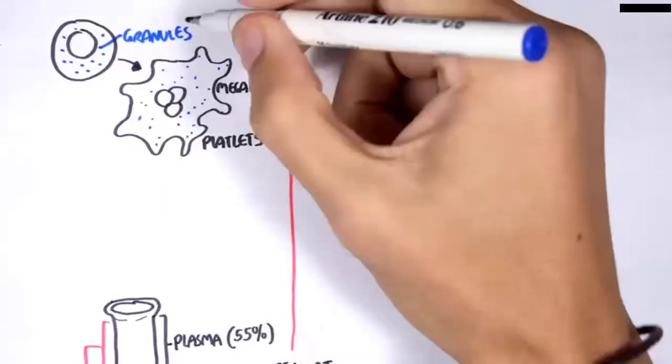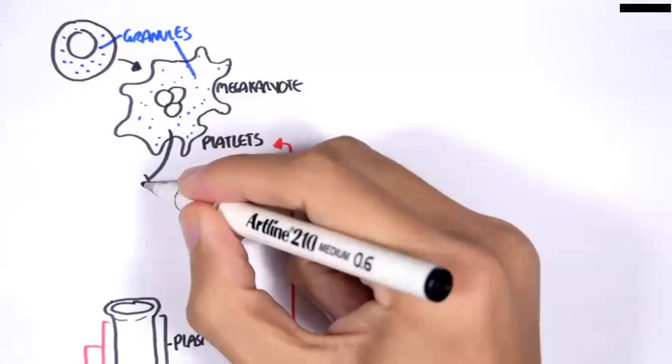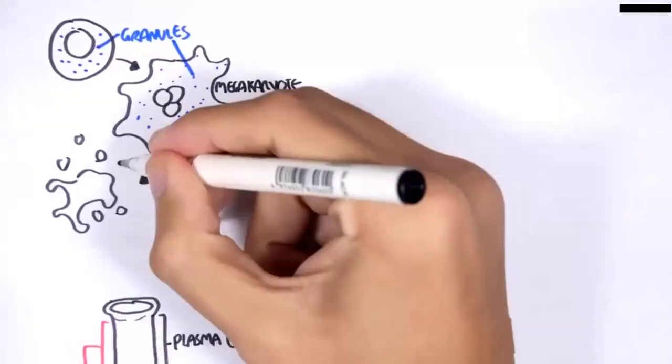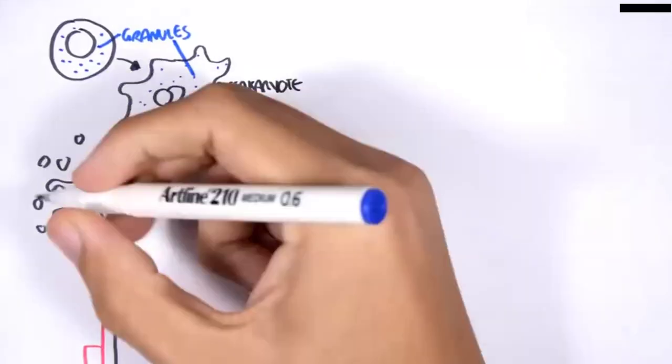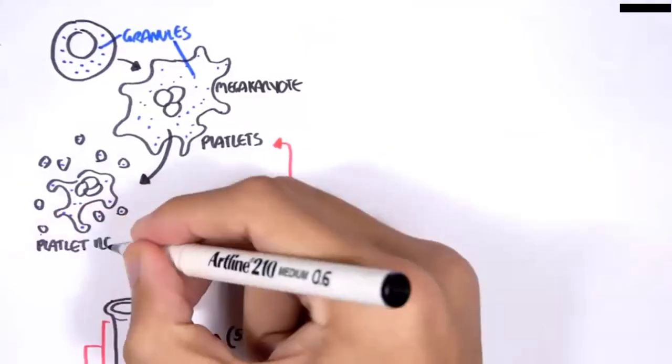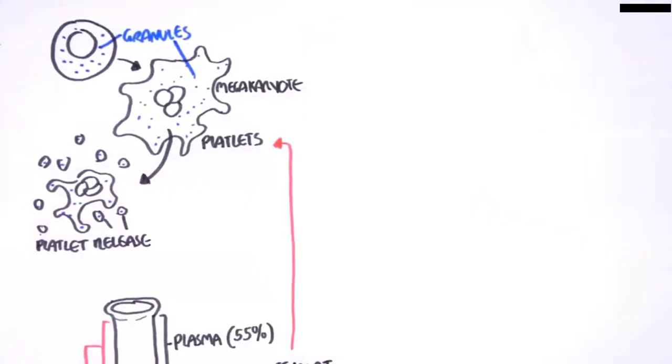When the megakaryocyte ruptures, it releases fragments of its cell, and these are what we know as platelets. The platelets come from the megakaryocytes when they rupture.